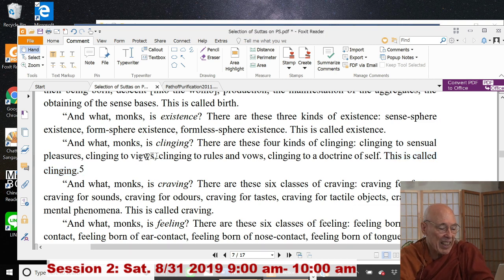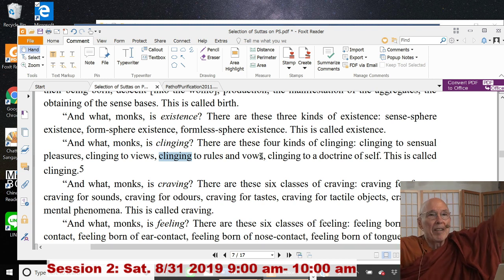So putting aside clinging to views, clinging to rules and vows is the view that by following certain rules or by undertaking certain kinds of ascetic observances, long fasts, sleeping on beds of thorns, standing uninterruptedly, holding up one's arms without interruption.